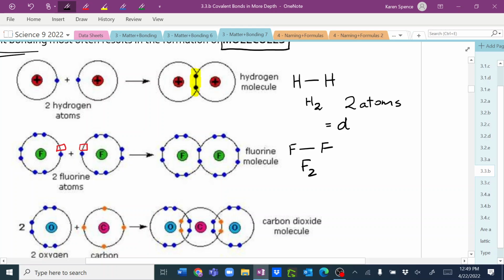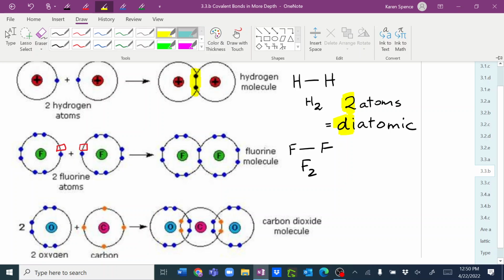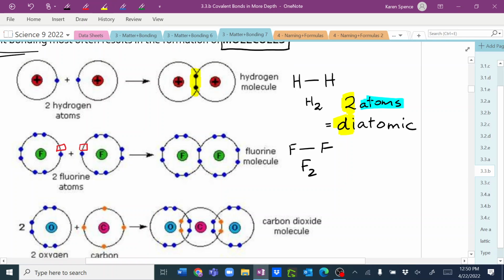Starts with a D. Diatomic, yes. Because we have 2, which is di, and then atoms, which is atomic. And so hydrogen is a diatomic element. In nature, it comes in little partners.